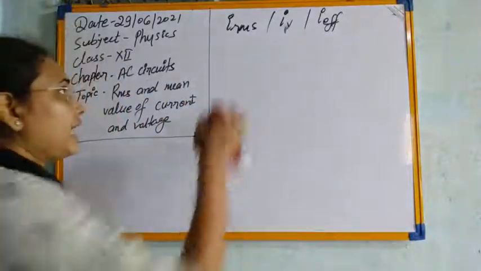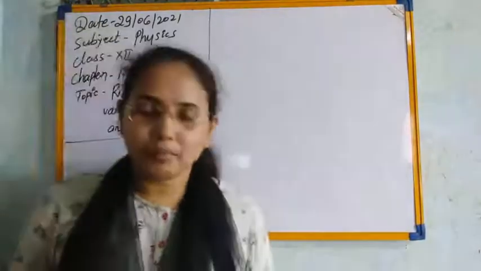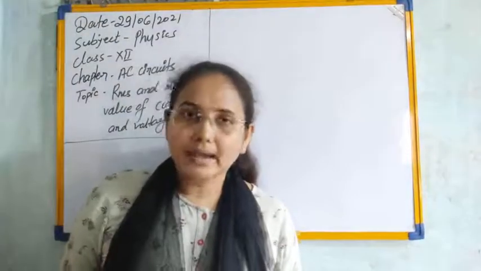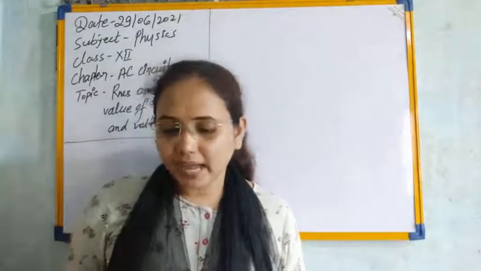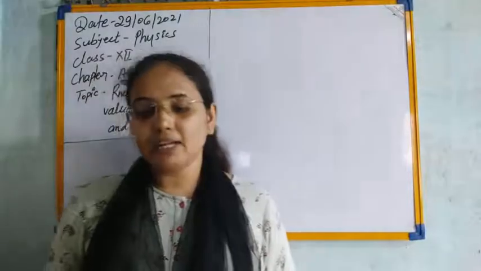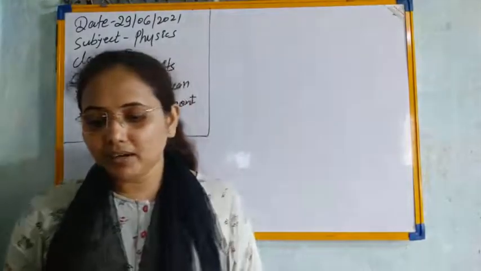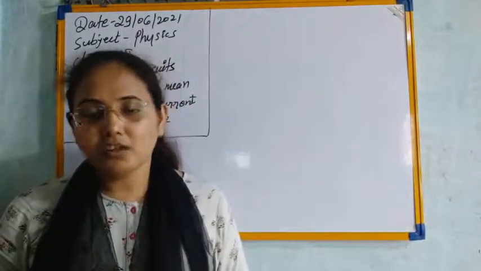Now let's calculate the value of RMS, but before calculating, let's define what the RMS value of the current is. The RMS value of the current is defined as the value of a direct current which produces the same heating effect in a given resistor as is produced by the given AC when passed for the same time.